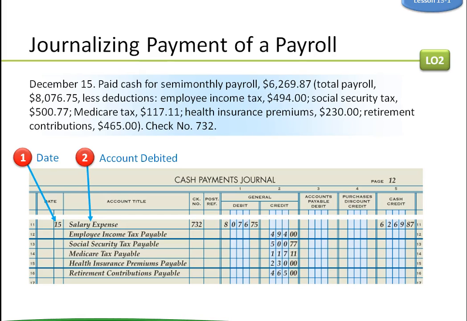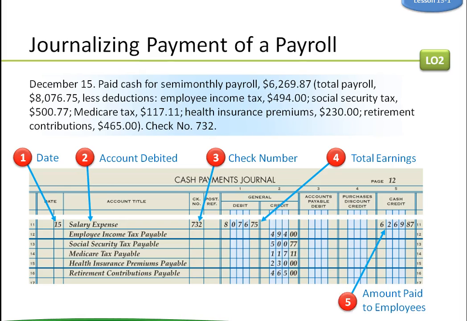Date, amount debited, check number, total earnings, amount paid to employees. And then the rest of this right here, I'd make a note of how they write them out. See how they're all payable? And these are all the credits. These are the deductions. Accounts credited and the amounts.